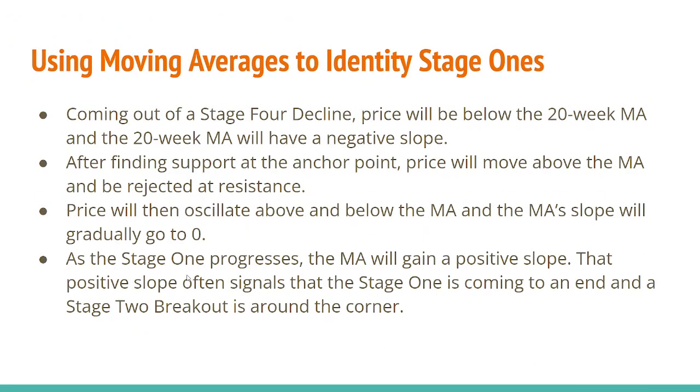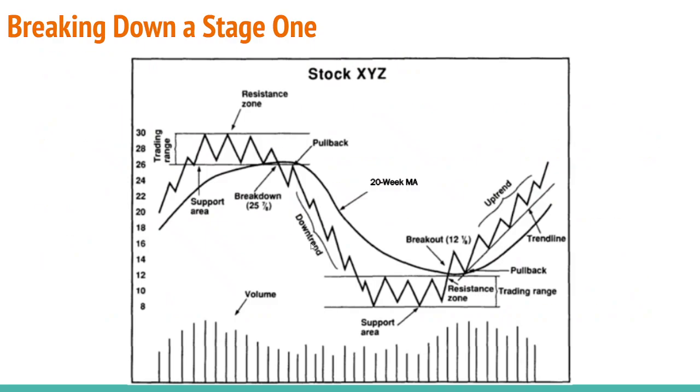And then price will oscillate above and below the moving average, and the moving average slope will gradually go to 0. So as you can see over here, price moves above it, the moving average starts to move towards a 0 slope. The slope starts to go sideways, and then price will often oscillate up and down in between that moving average. And in our chart examples, you'll see how that oscillation works much better.